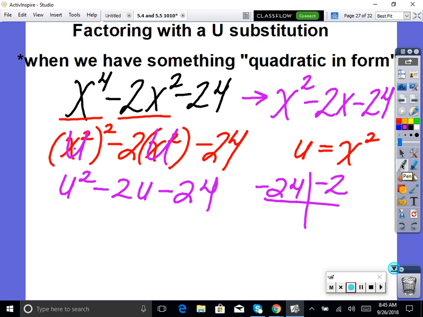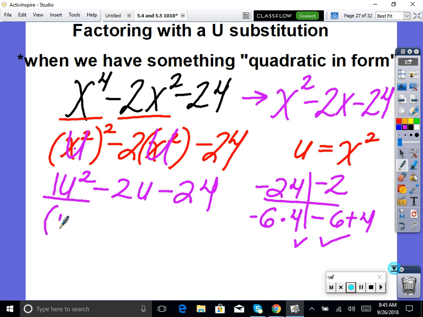So 6 times 4, and it would be negative 6, wouldn't it? Negative 6 plus 4 works. Then you'd say, can I quick factor? Yes, my leading coefficient's 1, so this factors to be u minus 6 and u plus 4. We've just factored the quadratic.